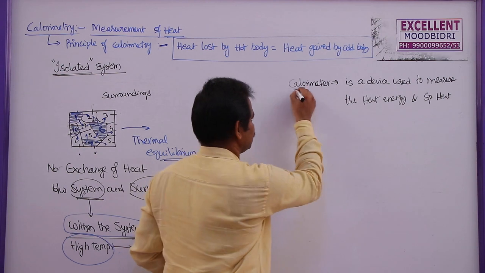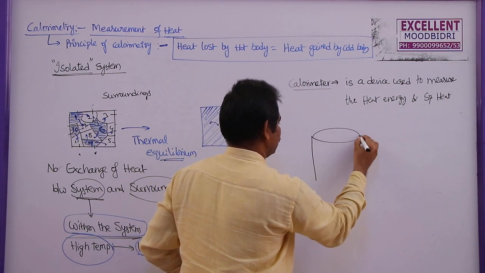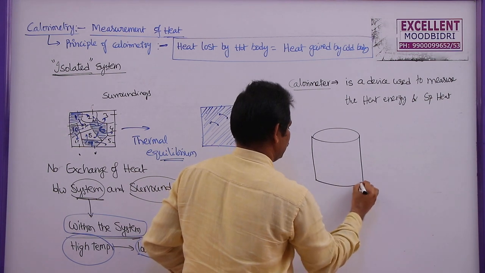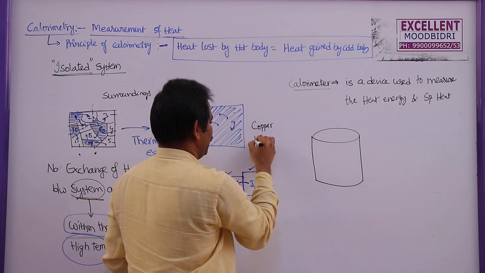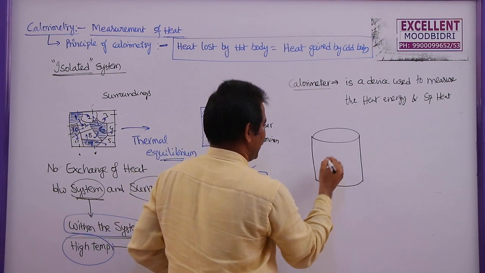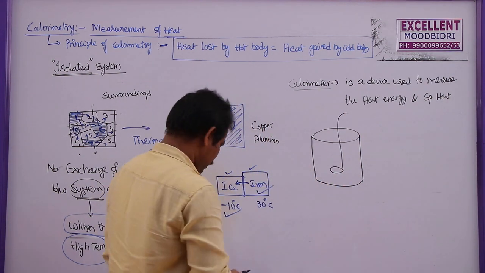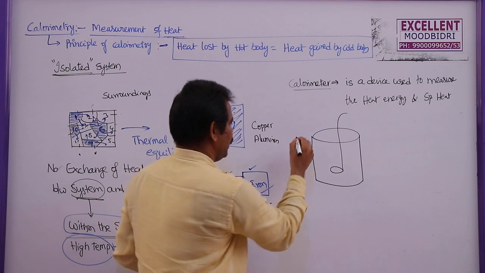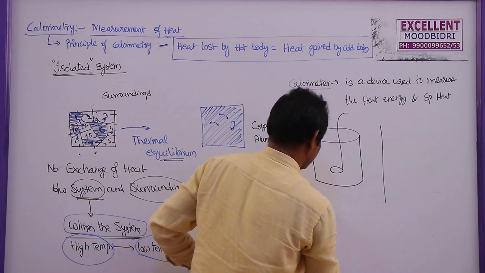This calorimeter consists of a metallic vessel, generally made of copper or aluminum, and it has a stirrer which is used to stir the material inside. This entire arrangement is kept inside a wooden box.